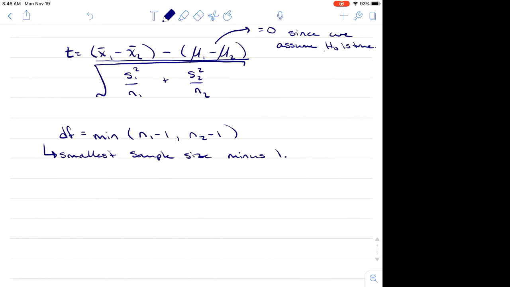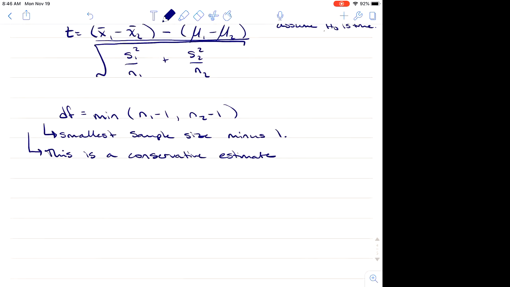So this is a conservative estimate we use when calculating by hand.